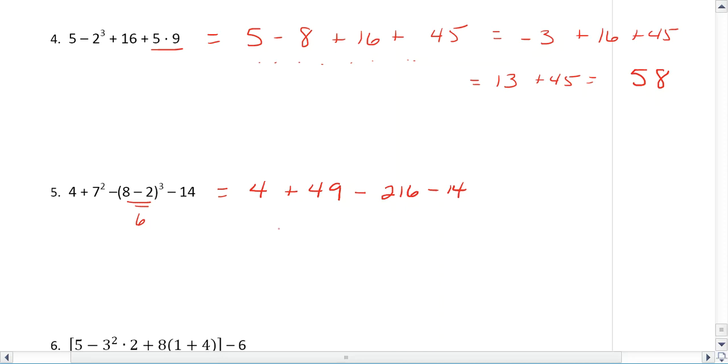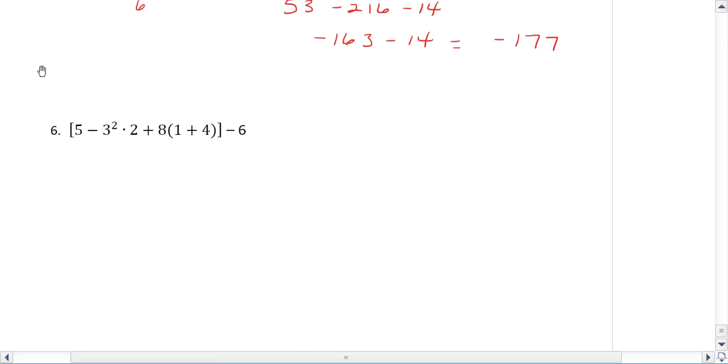So again, in the order that we come from left to right, 4 plus 49 is 53. 53 minus the 216 is negative 163. And then if we subtract 14 from that, I end up with negative 177. Okay? And please do these examples with me and check my work.